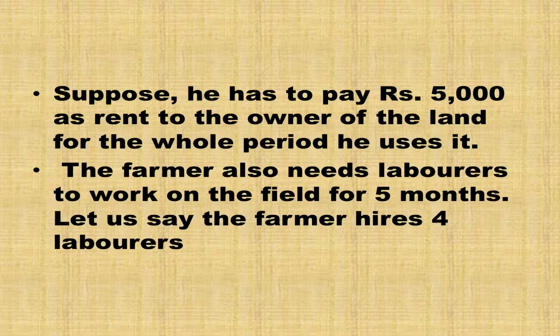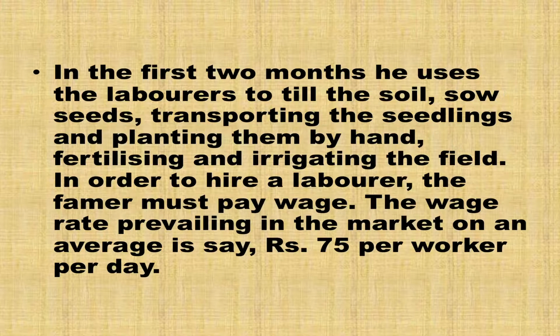The farmer also needs laborers to work on the field for 5 months. Let us say the farmer hires 4 laborers who in the first 2 months till the soil, sow seeds, transport the seedlings and plant them by hand, fertilize and irrigate the field. In order to hire a laborer, the farmer has to pay some wage.